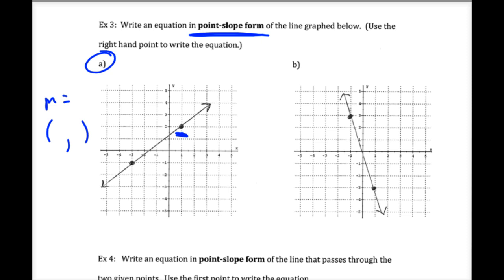Let's see, I wonder if you did it right. Wait, the right hand is... Oh, you did do it right. Y minus 2, or 1 minus... Burke, did you get the slope? What's the slope?